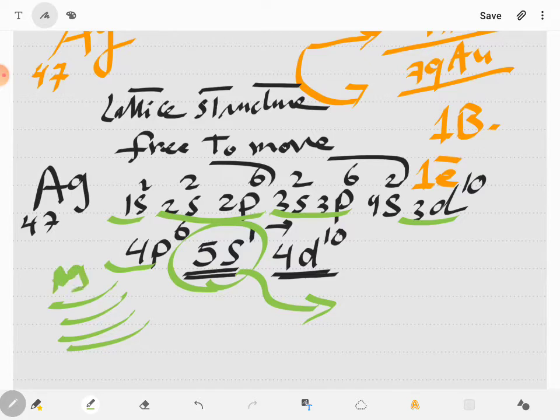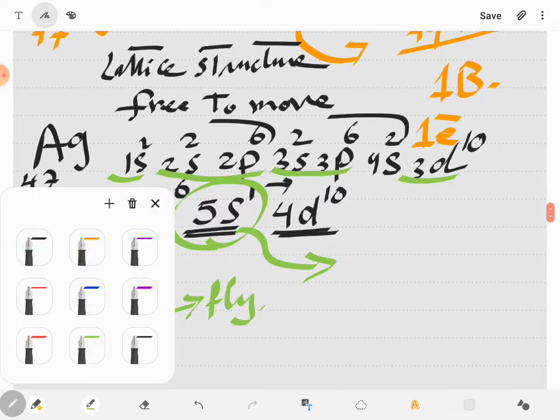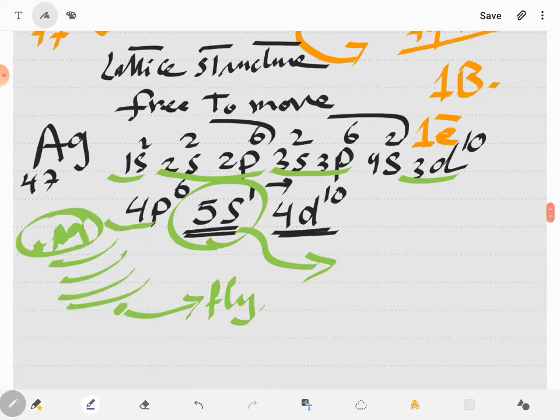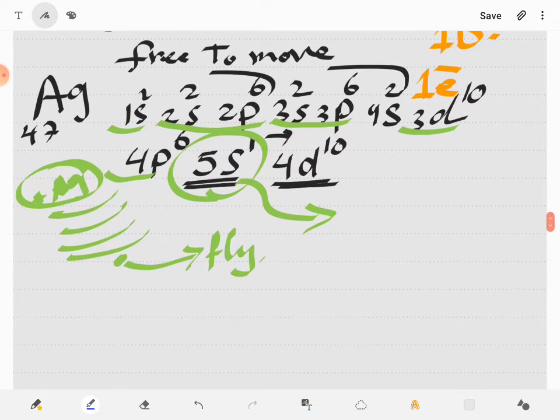It prevents the attraction force of the nucleus from reaching this last electron, so it's very easy for it to fly. Yes, besides the structure of the lattice of silver.